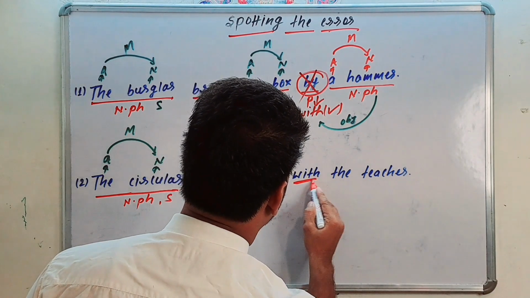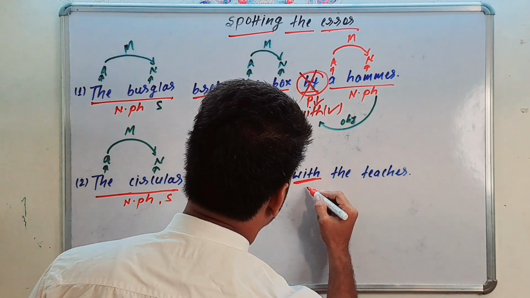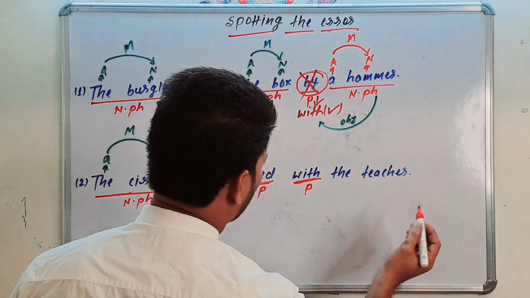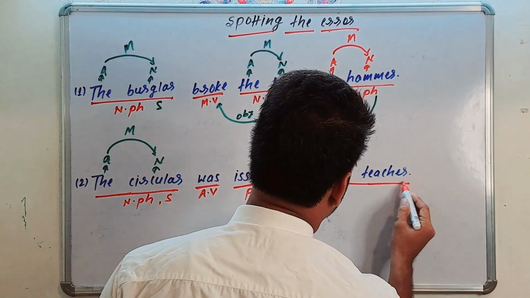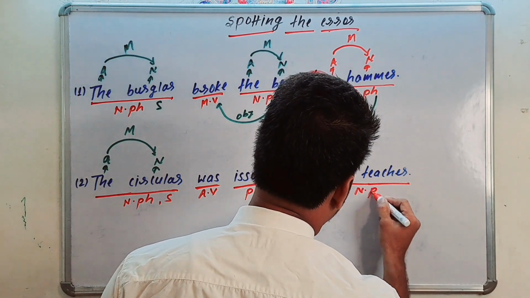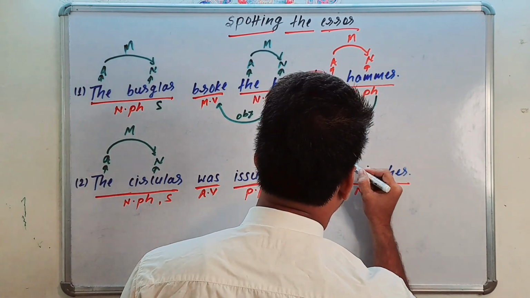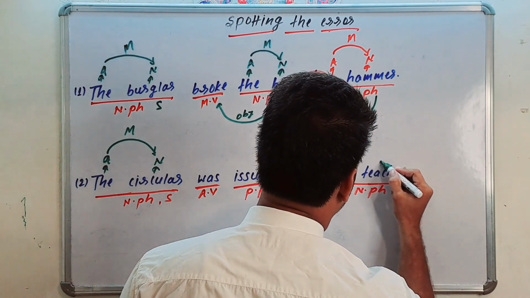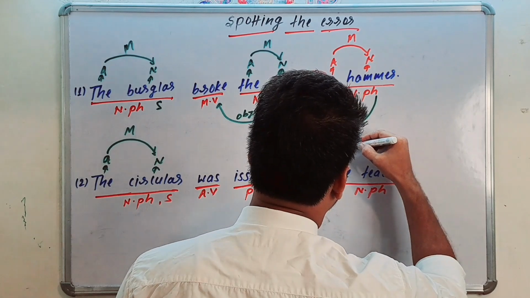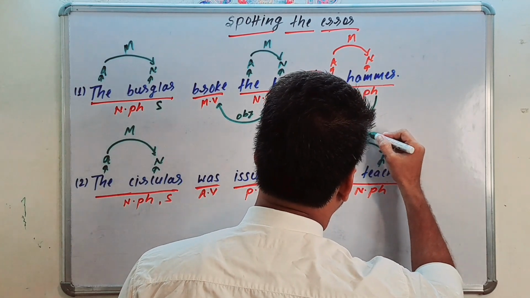Again, see here: with the teacher. I told you, this is a preposition and the teacher is a noun phrase, and in that noun phrase the definite article the modifies the noun teacher.